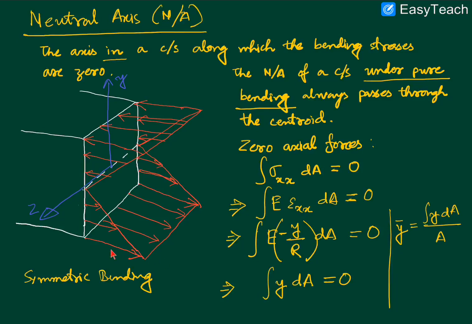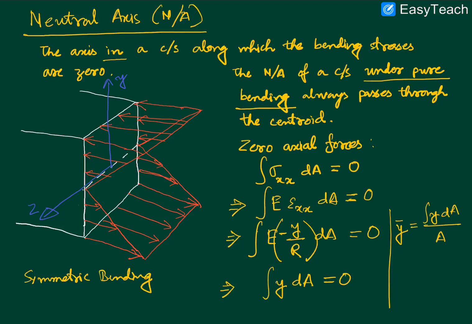Now this was in reference to the case of symmetric bending, but this same concept will apply very much even if we consider unsymmetric bending of beams. As I had said earlier, even if we have a completely irregular cross section with no symmetry whatsoever, we can have a bending of beam.